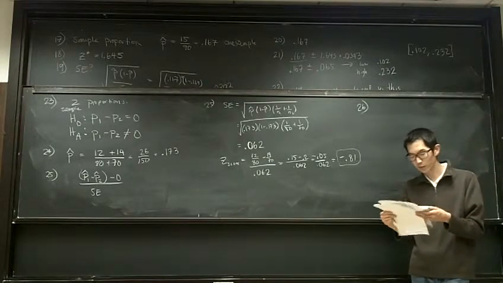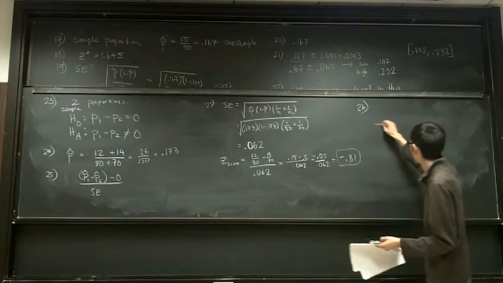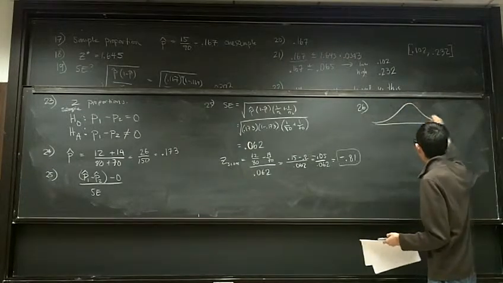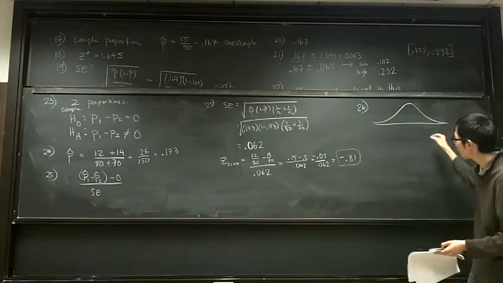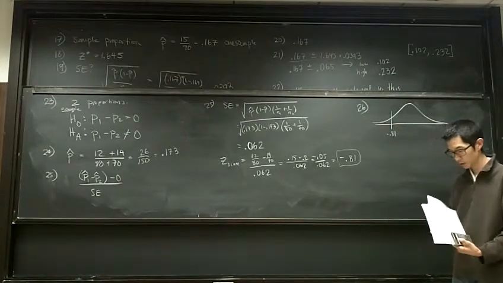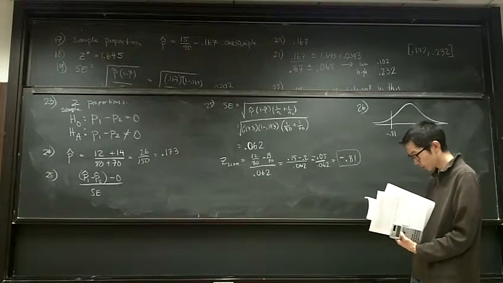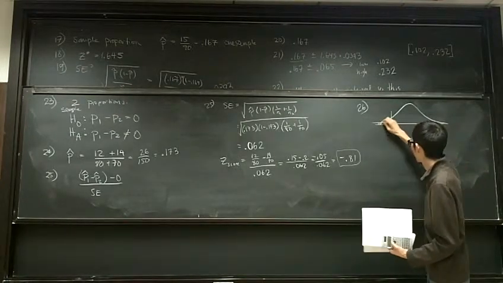26. Perform a hypothesis test, and what is the p-value? Here I look up negative 0.81 in my z-table, and the area to the left of that is 0.2090.